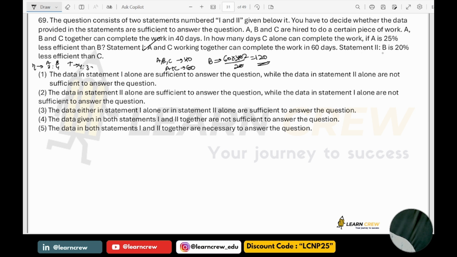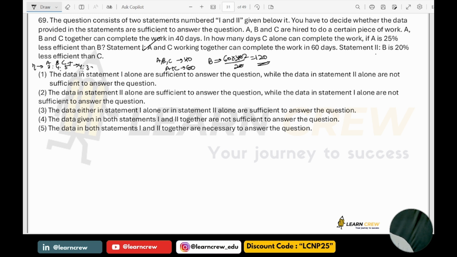What about the second statement? B is 20% less efficient than C, which means if B's efficiency is 4, C's efficiency would be 5. So 3:4:5 will be the efficiencies.